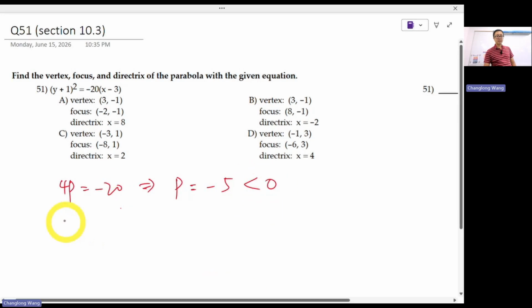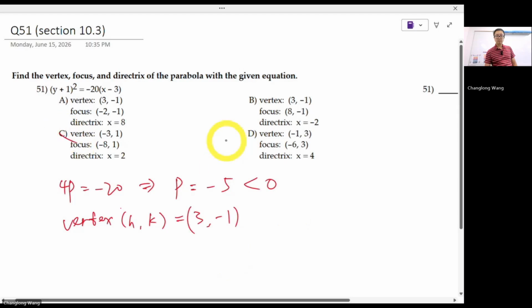So the vertex is again the number subtracting from x, so it'll be 3, and subtracting from the y, -1. And I guess that we should be able to look at just A and B.